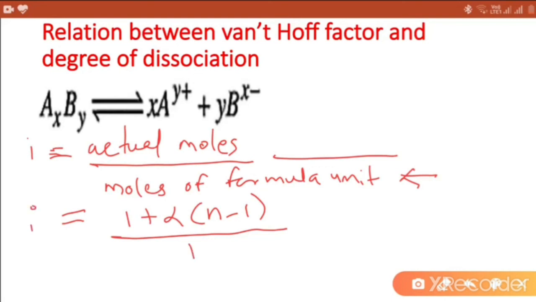So i is equal to 1 plus alpha into n minus 1 divided by 1.